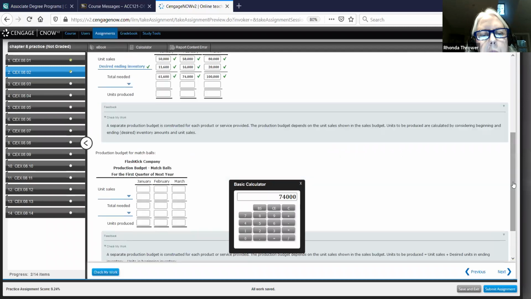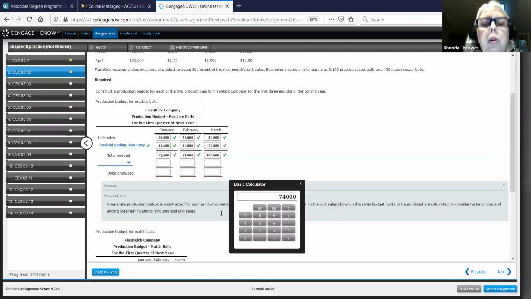All right, and then what we're going to do is we're going to back out our beginning inventory. So this seems a little strange, I know, because normally we deduct ending inventory and we add beginning inventory and that kind of thing. But if you think about it, it makes sense, because what you're doing is you're estimating what your production is going to be.